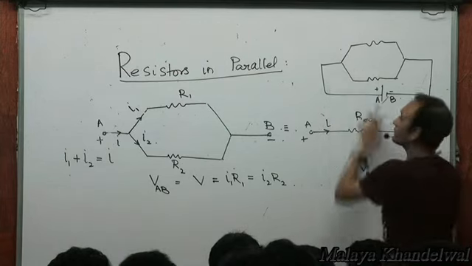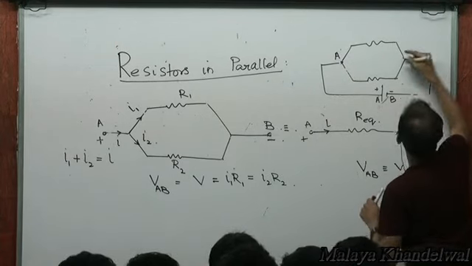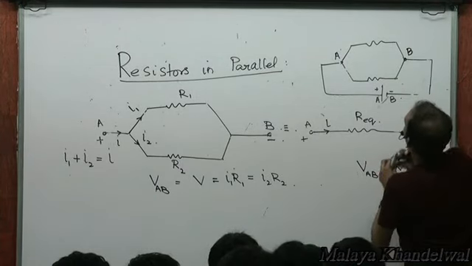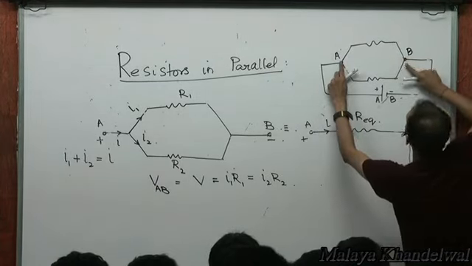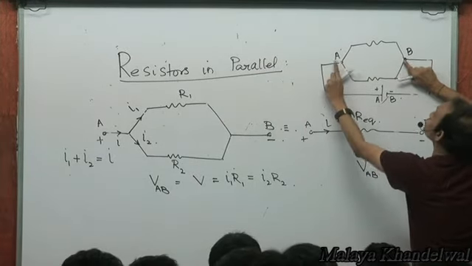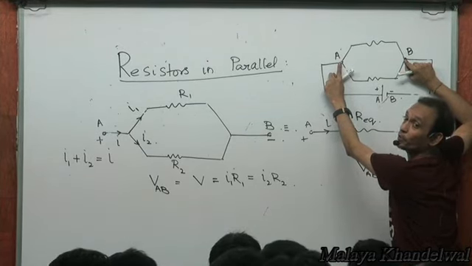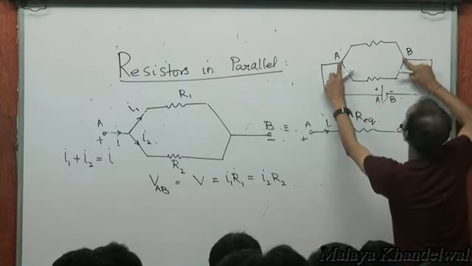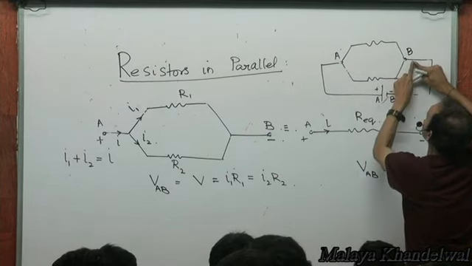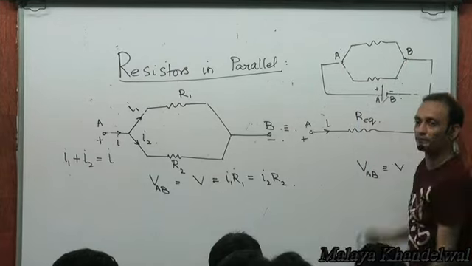So this is A. Electrically, all these points are B's. So this point is B. So electrically, this resistance is connected between two points, electrical points A and B. This resistance is also connected across the same pair of electrical points A and B. So the drop across this resistance is the same as the drop across this resistance, which is the drop from A to B.